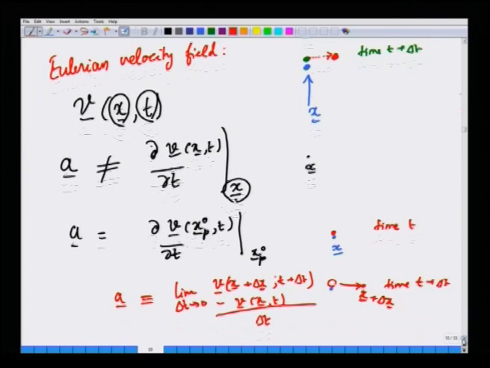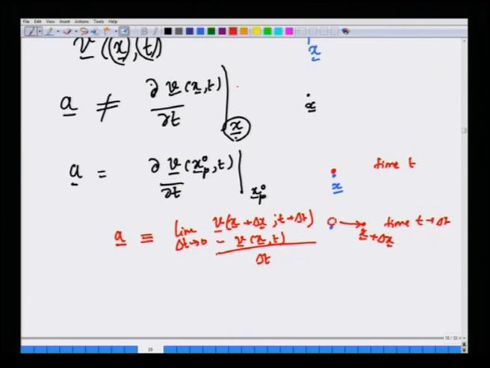Whereas a normal partial derivative would merely measure v at x, t plus delta t, minus v at x, t, divided by delta t, as delta t goes to 0.